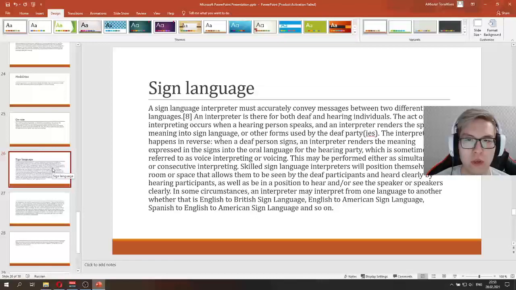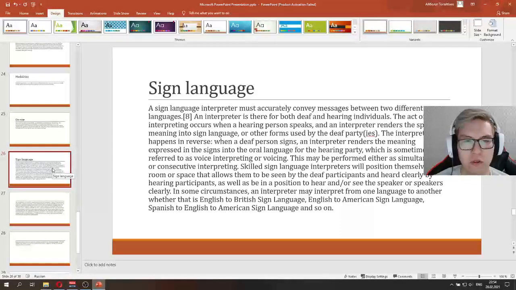The interpreting also happens in reverse, when a deaf person signs, and the interpreter renders the meaning expressed in the signs into the oral language for the hearing party, which is sometimes referred to as voice interpreting or voicing. This may be performed either as simultaneous or consecutive interpreting.